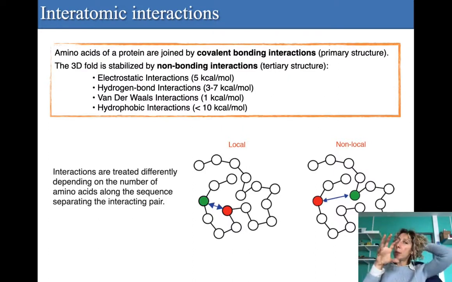So when you look at the numbers corresponding to the energies of these interactions, you can see that they're small, but they are the same order of the free energy, right? 5 kcal per mole for electrostatic interactions, when we said that the difference between denatured state and native state is about 5 to 15. So that's roughly the same order, but we have so many interactions in 3D structures. And these interactions can be considered differently if they are local, between residues that are close in the sequence, or non-local.